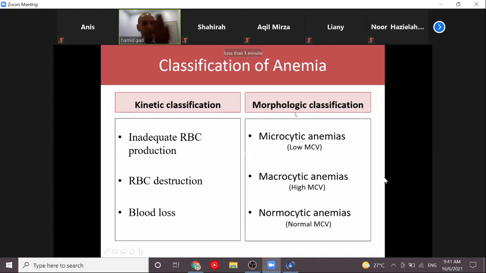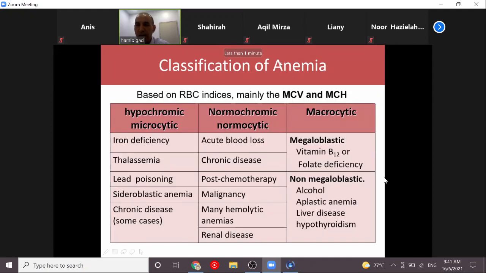When you get a CBC and read it, look at the hemoglobin, then go to the MCV. If the hemoglobin is low and the MCV is low, you call it microcytic anemia. By this you can find these classifications, which you must memorize.